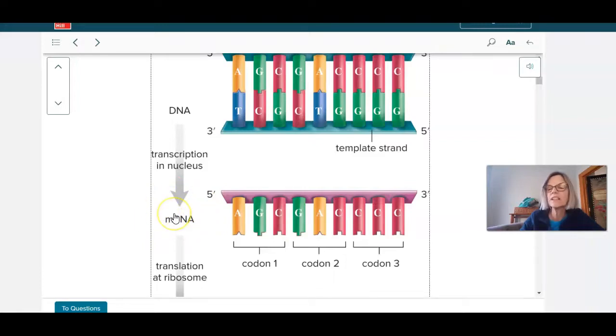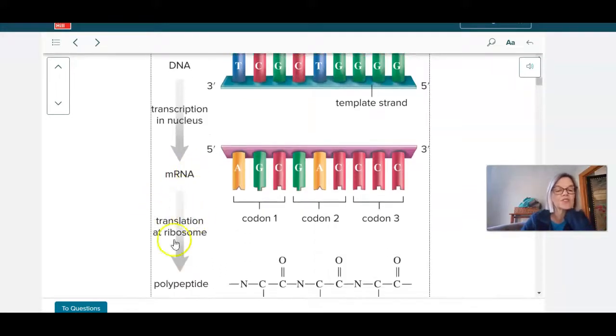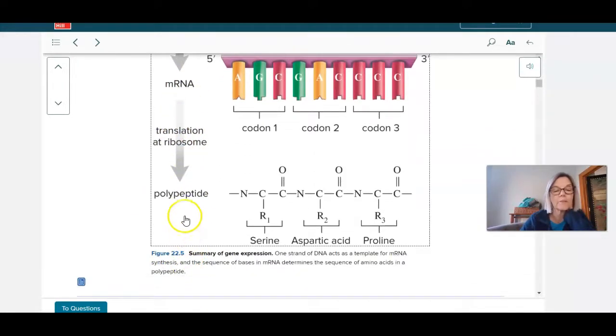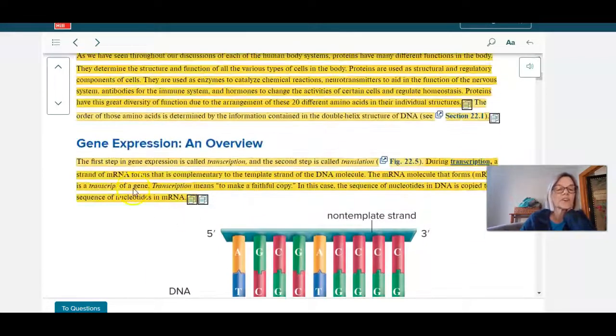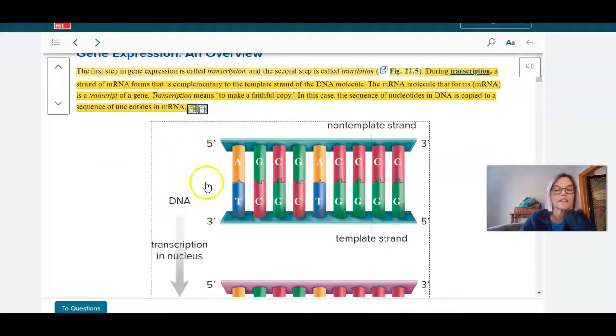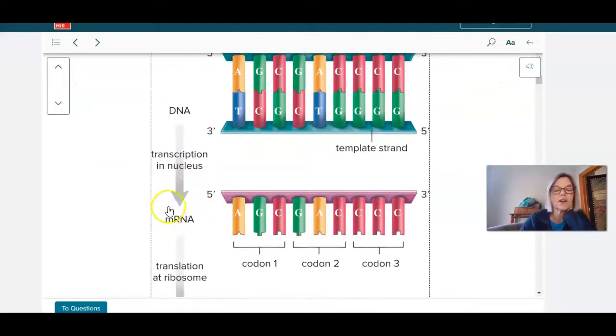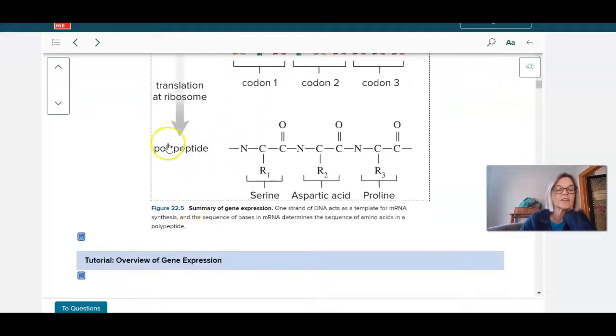We were just talking a little bit about that in lab. And that RNA is translated at the ribosomes to make a polypeptide, better known as a protein. So when we talk about the concept of gene expression, we're talking about how DNA is used to make RNA, and RNA is used to make proteins.